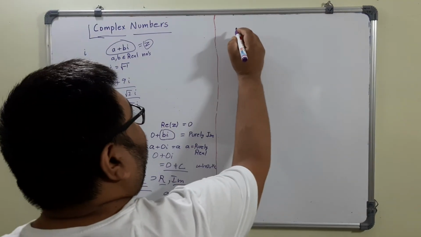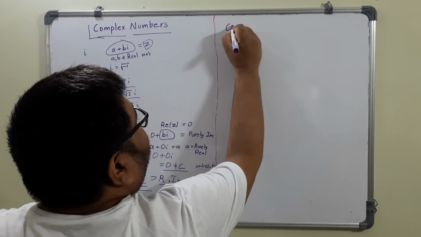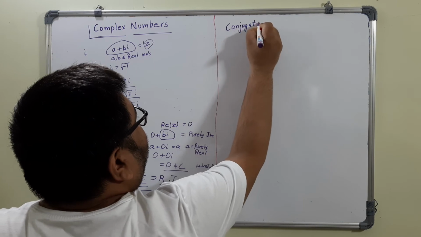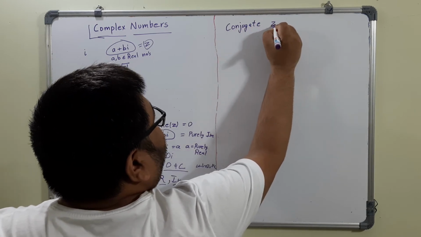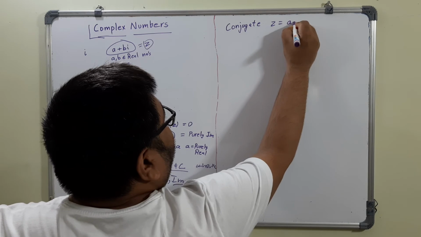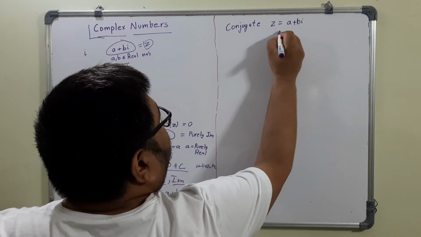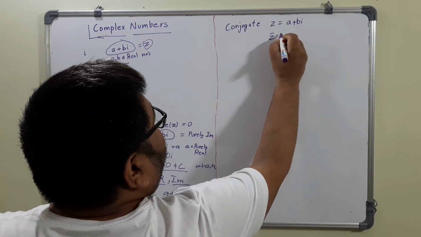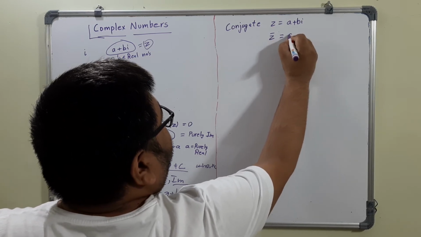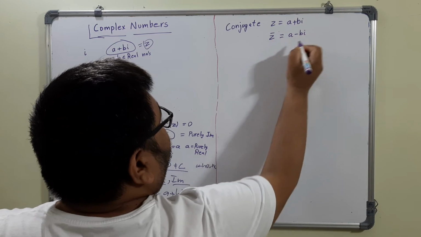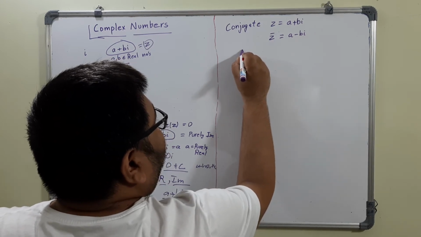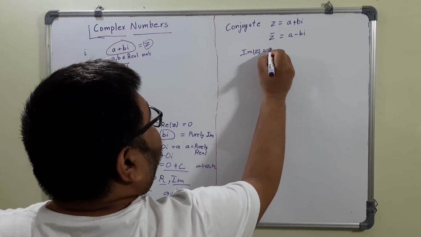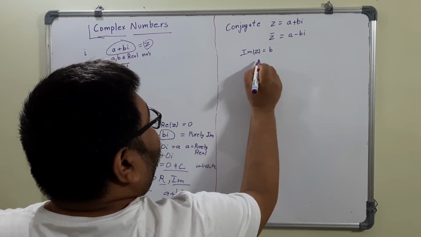Now we will talk about the conjugate of a complex number z equals a + bi. The conjugate is denoted by this, and equals a - bi. Only the sign of the imaginary part, that's b, is changed.